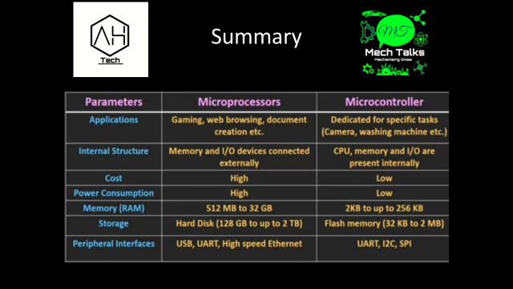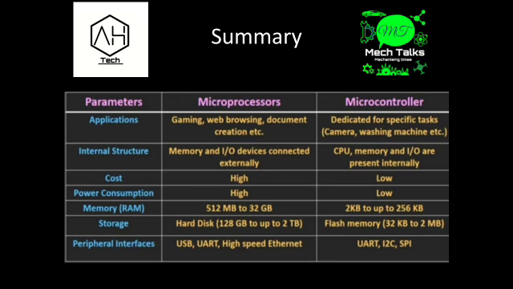And also the storage. Microprocessors can have storage of hard disk like 128 GB to 2 TB. When it comes to the microcontroller, the flash memory is like 32 KB to 2 MB. When we talk about the external peripherals or interfaces being connected to these devices, microprocessors can be connected with USB, UART, high speed Ethernet.